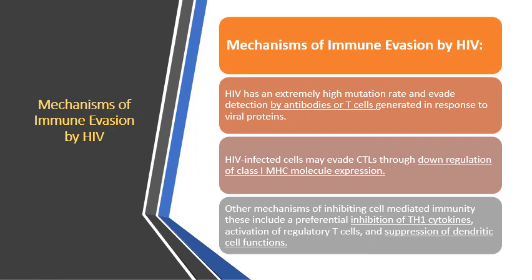Activation of regulatory T cells means an increase in the downregulation of the immune response, because regulatory T lymphocytes are important in the regulation and downregulation of the immune response. And there is suppression of dendritic cell function. All these are mechanisms used by the HIV virus to get away from the immune system.